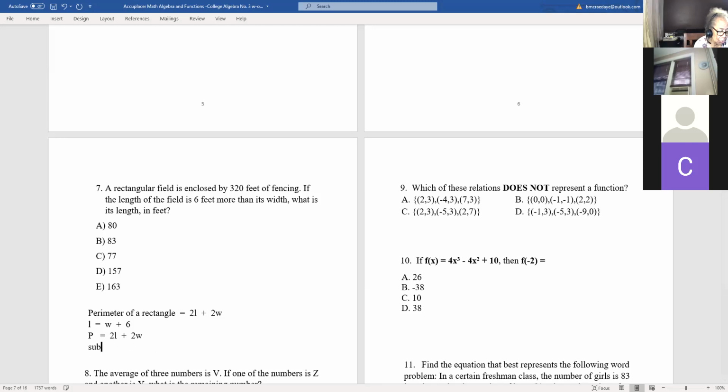Okay, substitute W plus 6 for L, for the length.